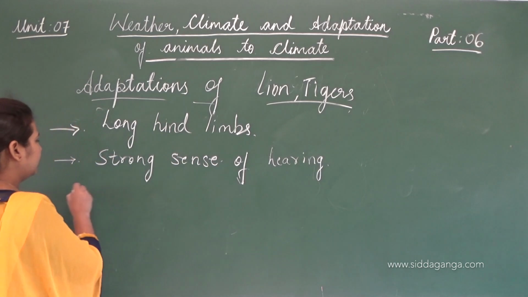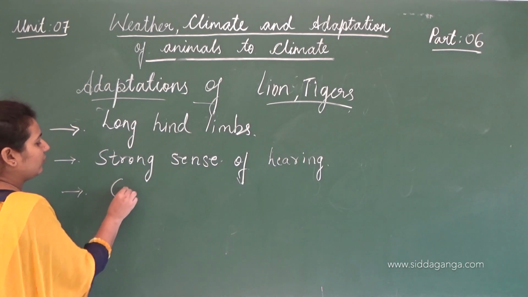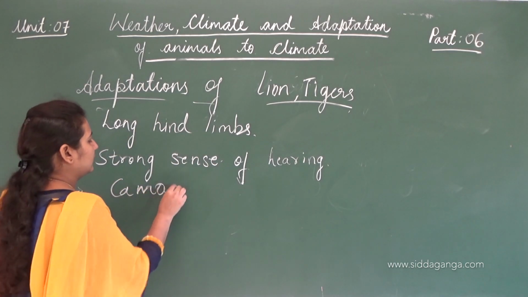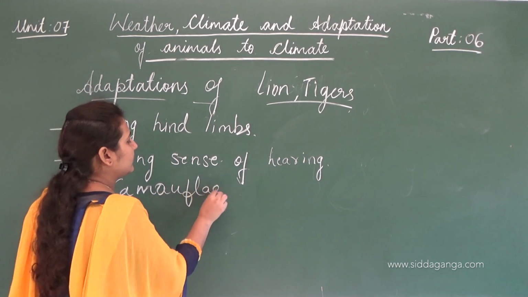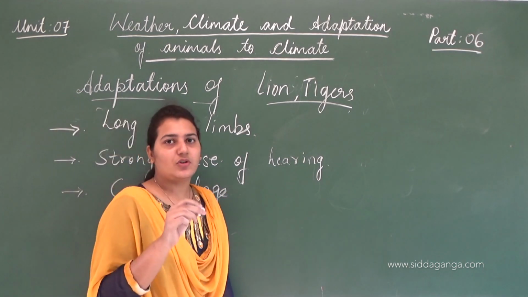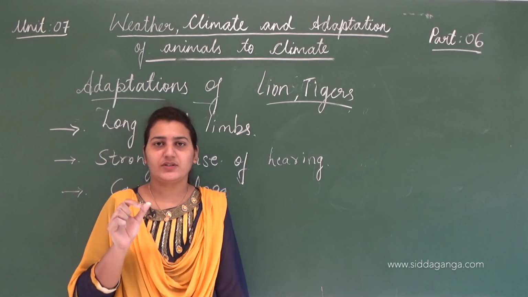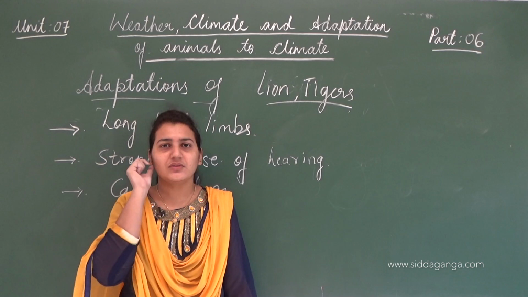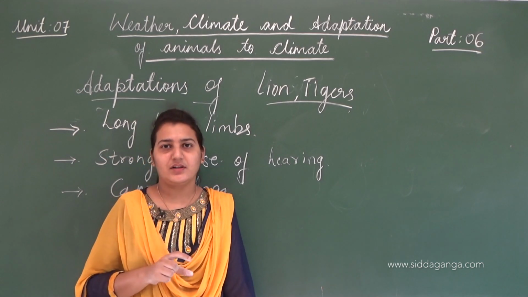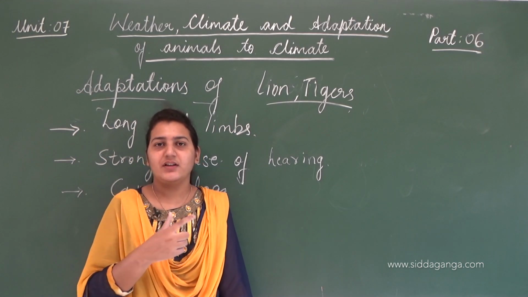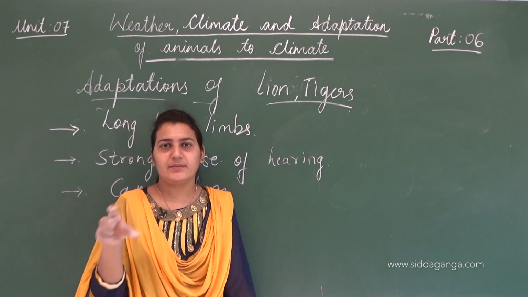Even these animals can camouflage. For example, the cheetah is brown in color, and it has black dots. Many other animals like lions and tigers also have typical body striations, which make them hide in their background.